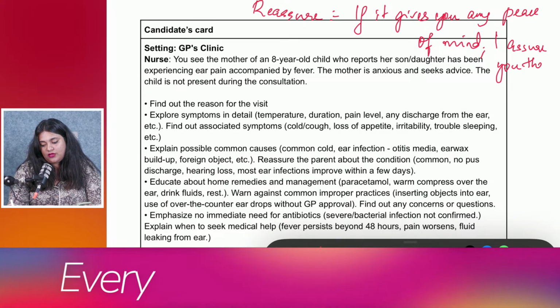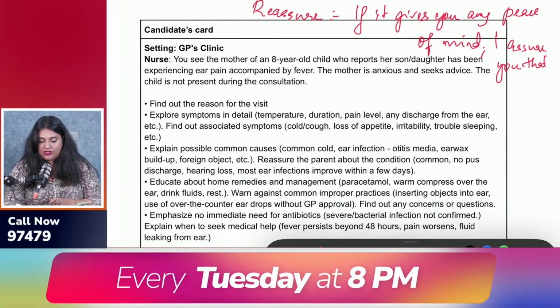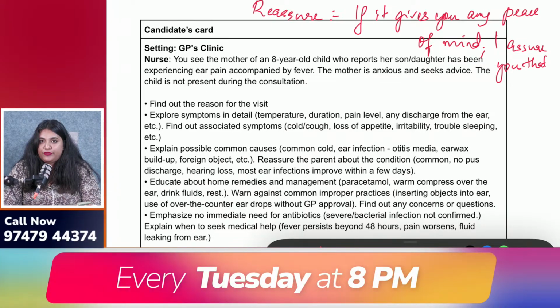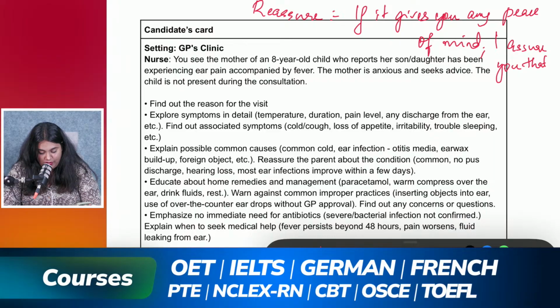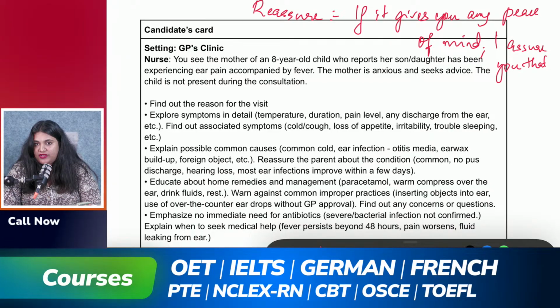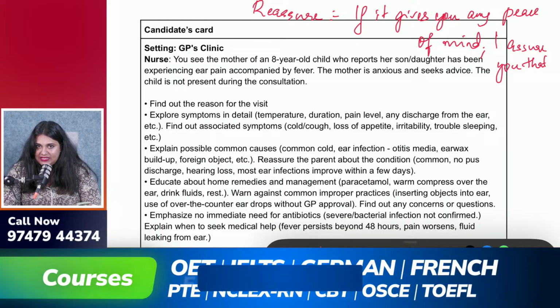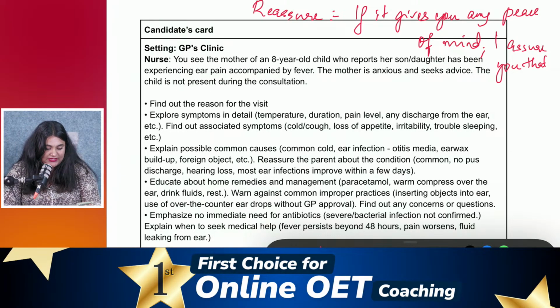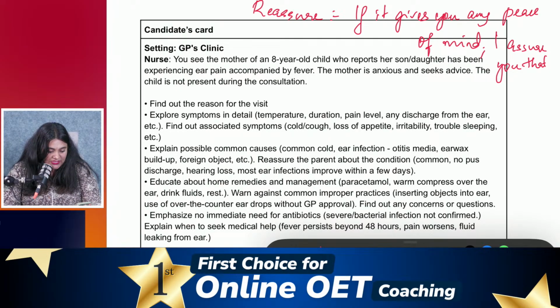And then you can go on with whatever details you have on the card. Once you finish it, you can ask the question, so is that clear to you? I hope you understand, et cetera. Okay, so that is how we can complete task number 3.